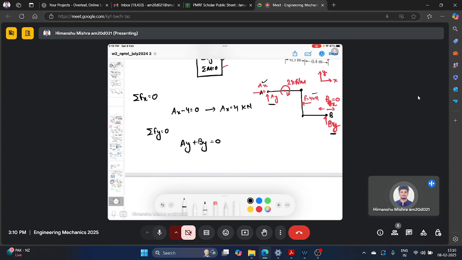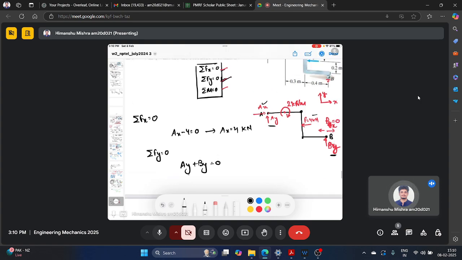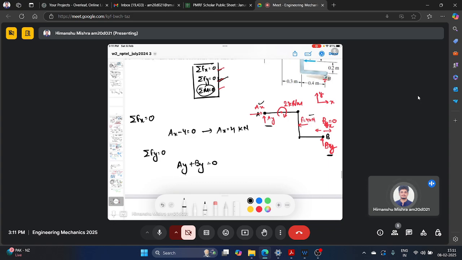Both are unknown, so we don't know how to solve this. We require another equation, where the summation of moments will be 0 about some given point. If we take the moment at A, then I can calculate By, because the moment due to this force will be 0.